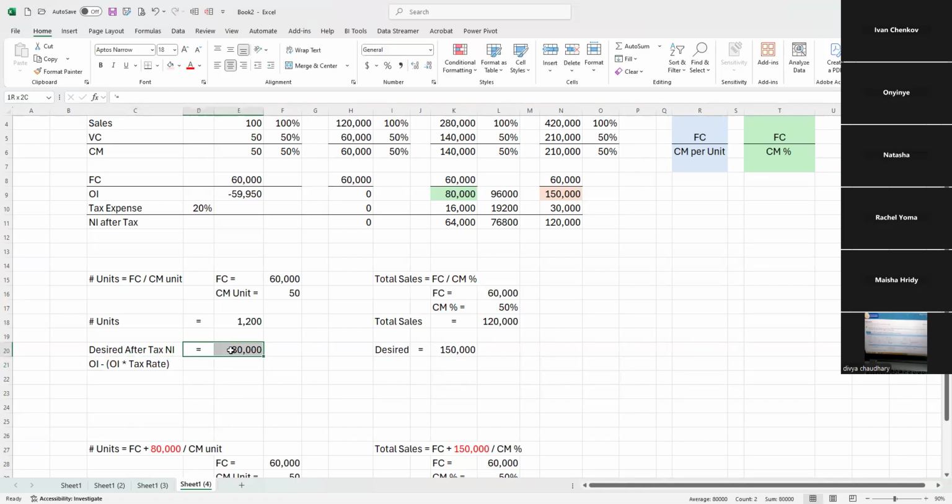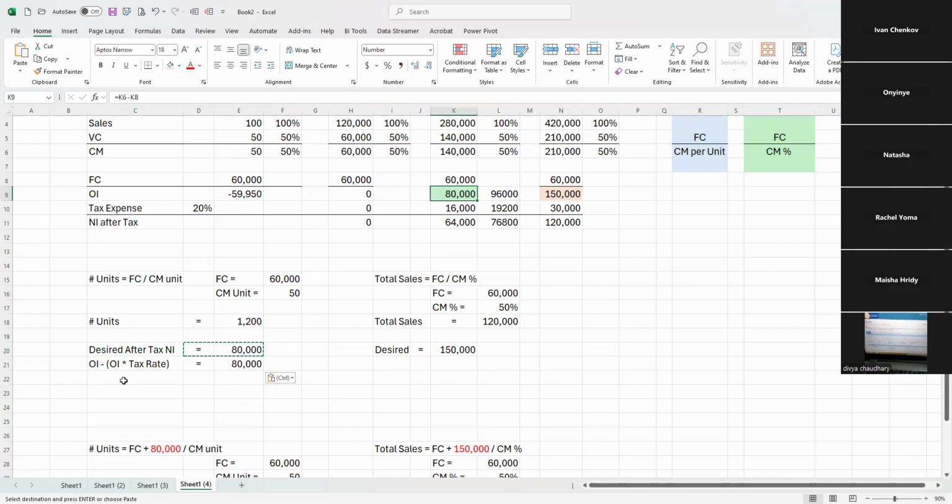And those two should be equal to 80,000. How much is my tax rate? 20%. Now I have operating income as a whole number, which is 100%, and I have to deduct from that 100% only 20%. Make sense?